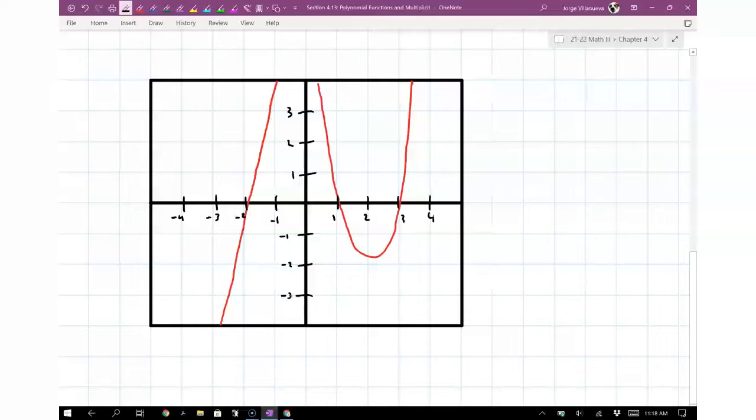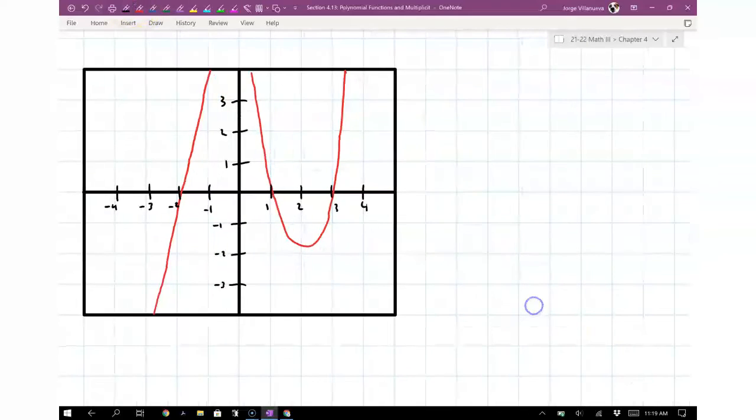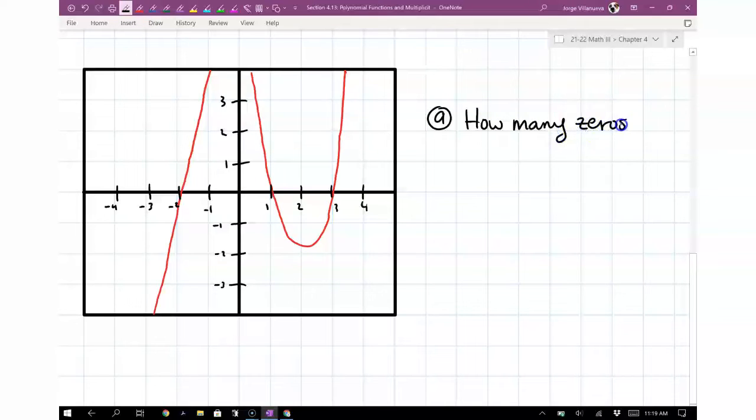Not what are the answers, but how many answers? How many roots, how many zeros does it have? How many times does it cross the x-axis? 3 times. So if they ask for part A how many zeros, you would say 3, because it crosses 3 times.